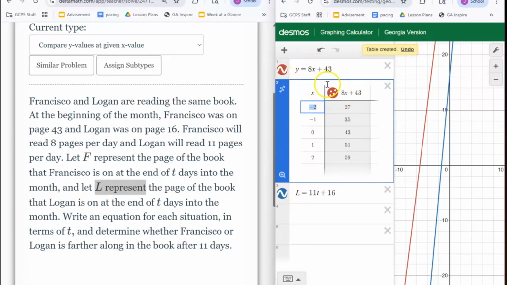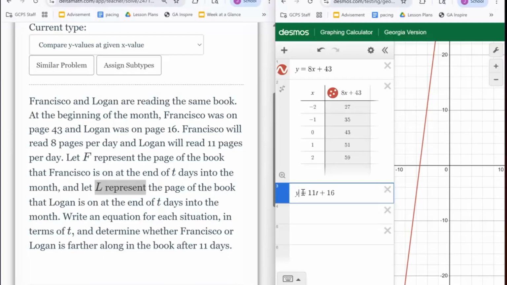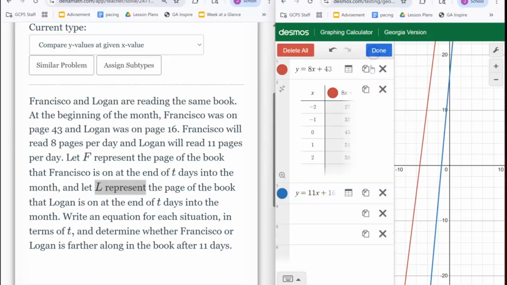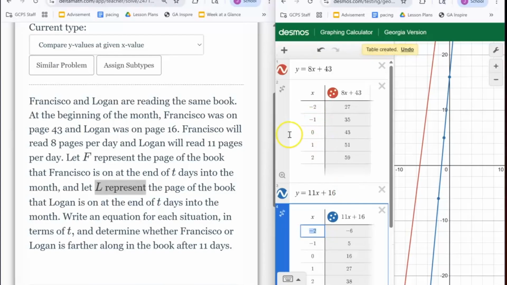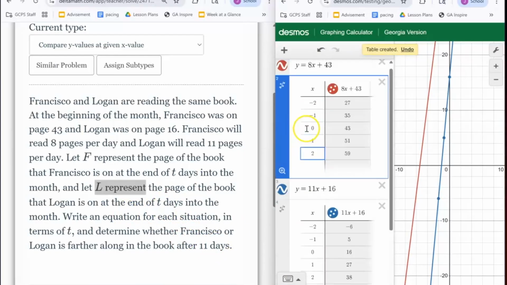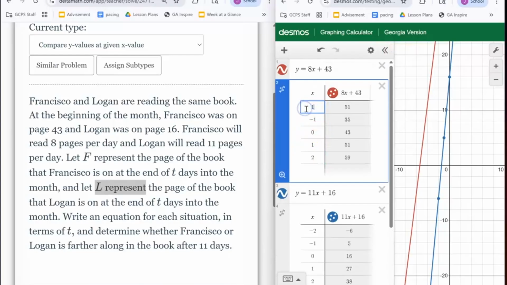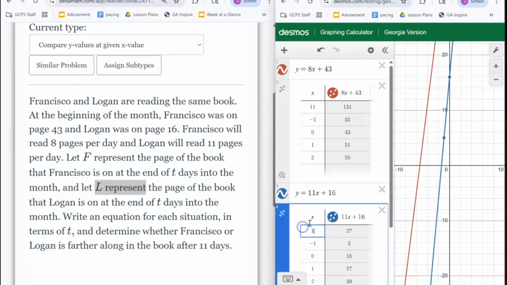So just remember the first one is f and the second one is l. Let me change this to y and x. Right, and then we have our table, and we're looking for what number? 11 days. So we can press enter, enter, enter, enter, or we can just type in 11 on both people.